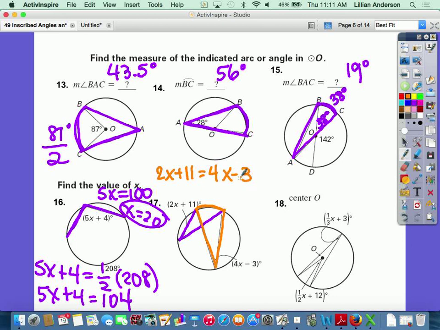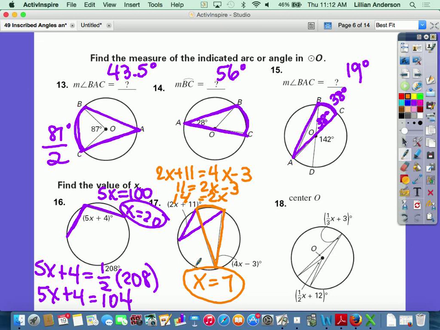So you'll have 11 equals 2x minus 3. 14 equals 2x. So x is 7. You can always check your answers by plugging in and making sure that the angles are indeed congruent, and over here, making sure that this angle is half of 208.